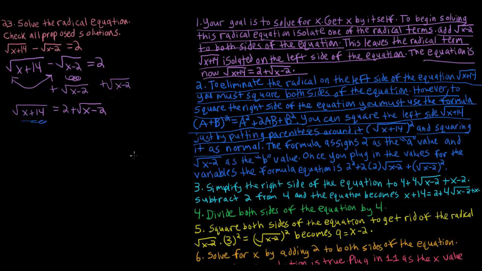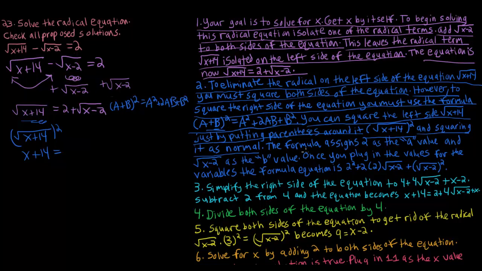So let's actually start with that one. On the left side, we have x plus 14. If we square it as normal, we end up with just x plus 14 equals. But right here, we need to use the formula (a plus b) squared equals a squared plus 2ab plus b squared.